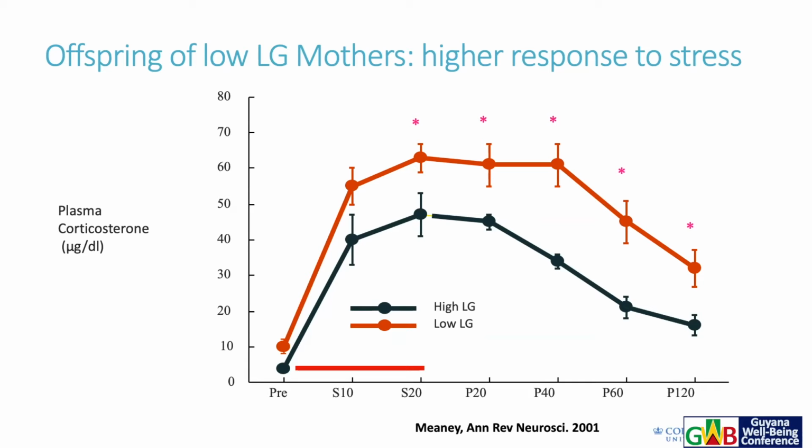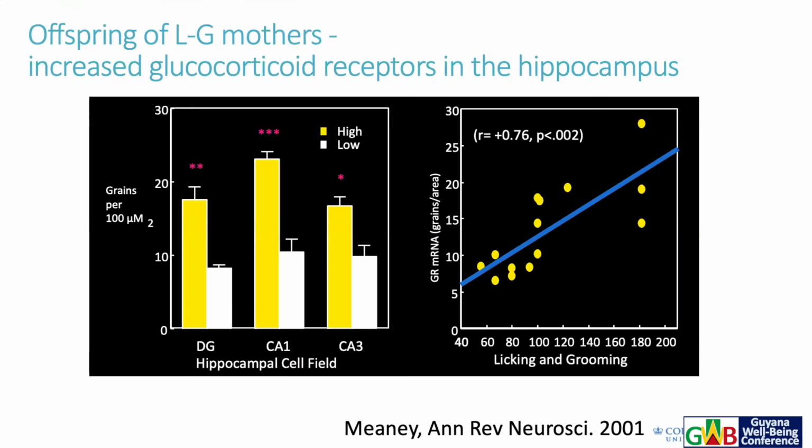The reason why this is happening, though, is because the brain of these rats is much less sensitive to the circulating corticosterone. Glucocorticoid is a name for the entire class of cortisol-like substances. So both corticosterone and cortisol are glucocorticoids.